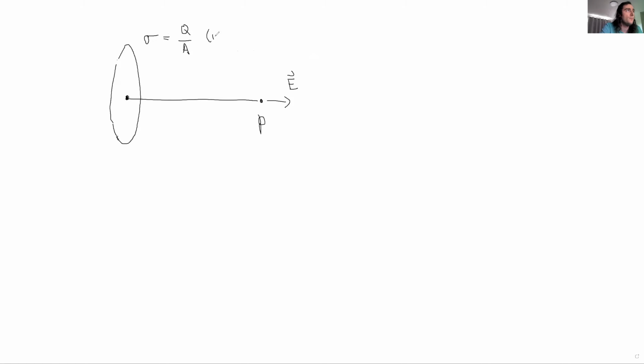Okay, so uniform density. Well, that's nice because that can pull right out of any integration that we have to do. So if we have this charge density here, what we have to do is we have to figure out the components of the electric field which correspond to a certain charge element.